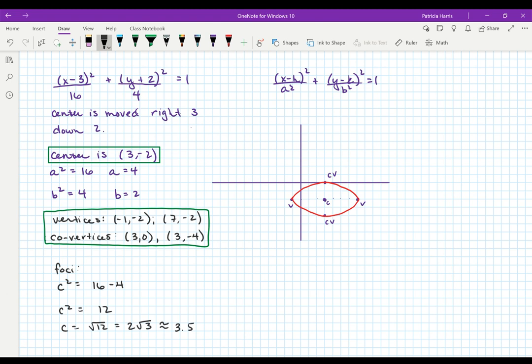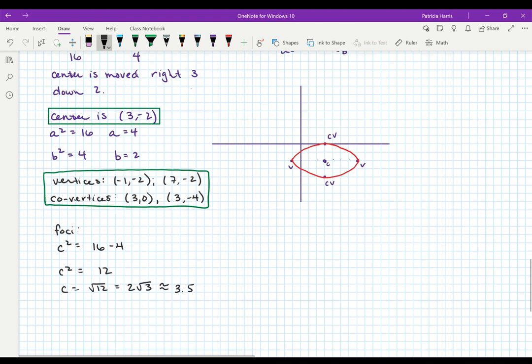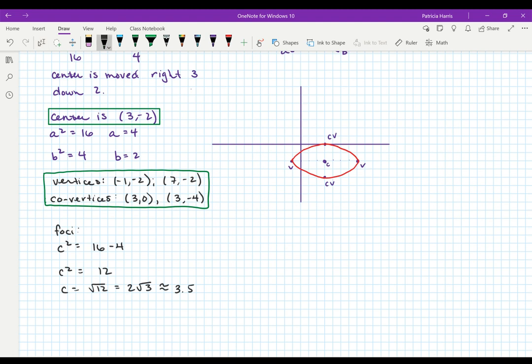Okay, so I'm going to show you 2 different ways to write your answers. Again, major axis is horizontal, so the foci are going to be along the horizontal. So the foci are really close to the vertices on this one.